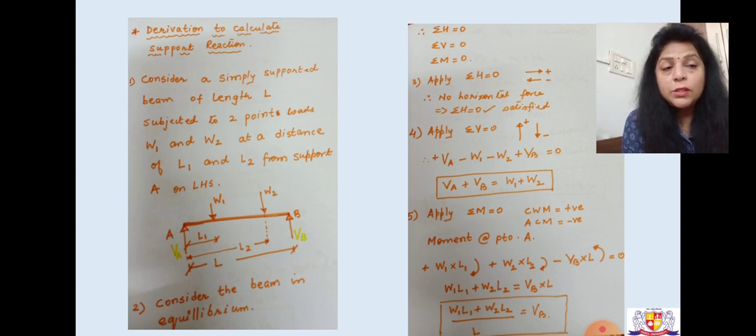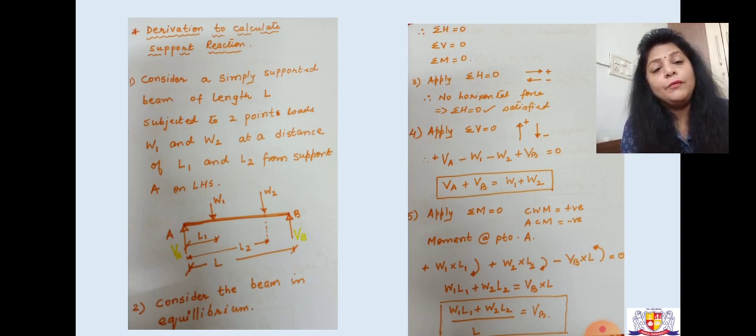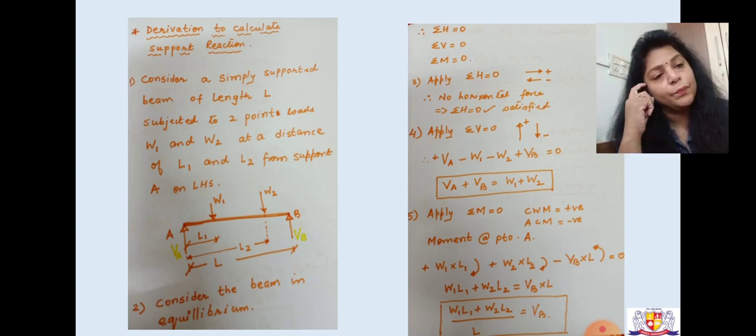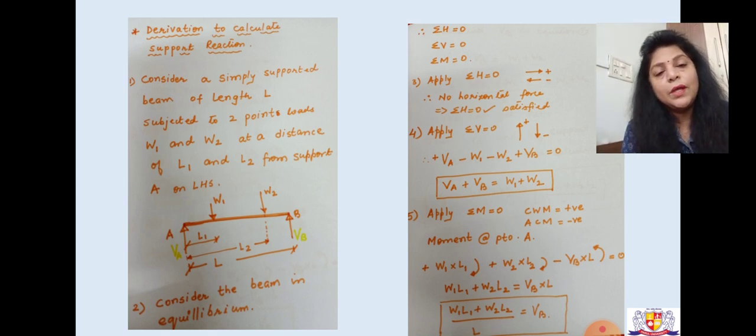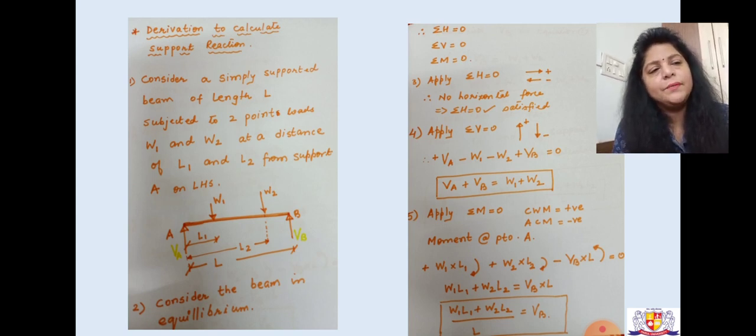Also remember one important point: if you want to find a moment, you have to select a point at which the moment is 0. As it is a simply supported beam, the moment value will be 0 at the support, that is at support A or at support B.